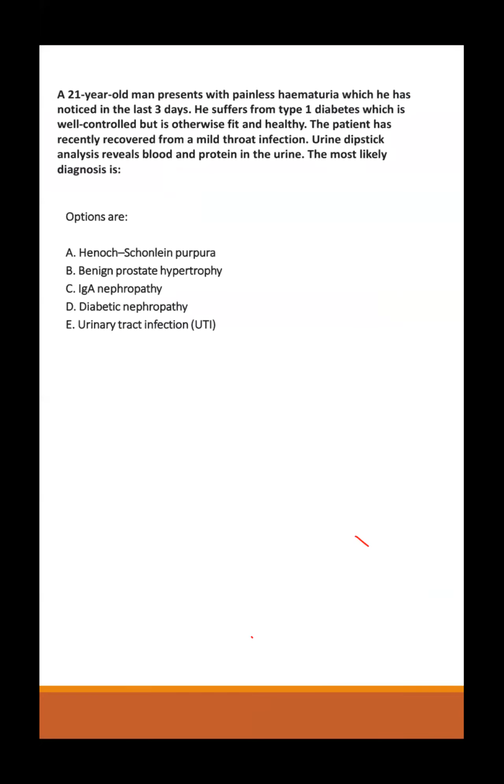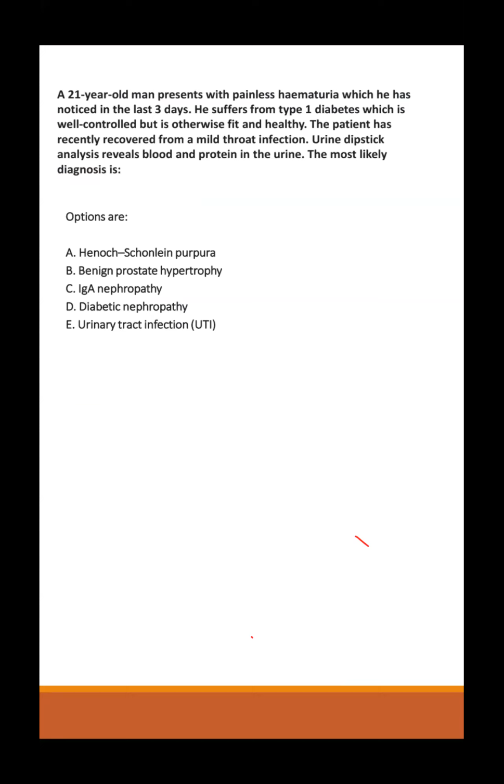This question will be discussed with me, Dr. Sajma. Yes, ma'am. A 21-year-old man presents with painless hematuria, which he has noticed in the last 3 days. He suffers from type 1 diabetes, which is well controlled, but is otherwise fit and healthy. The patient has recently recovered from a mild throat infection.